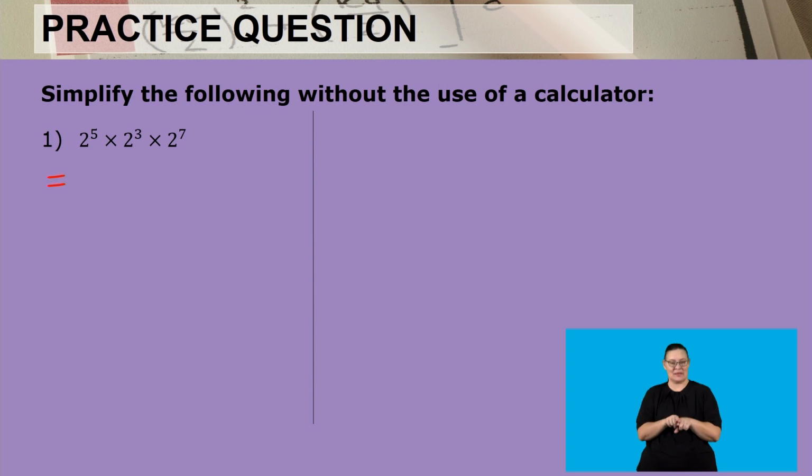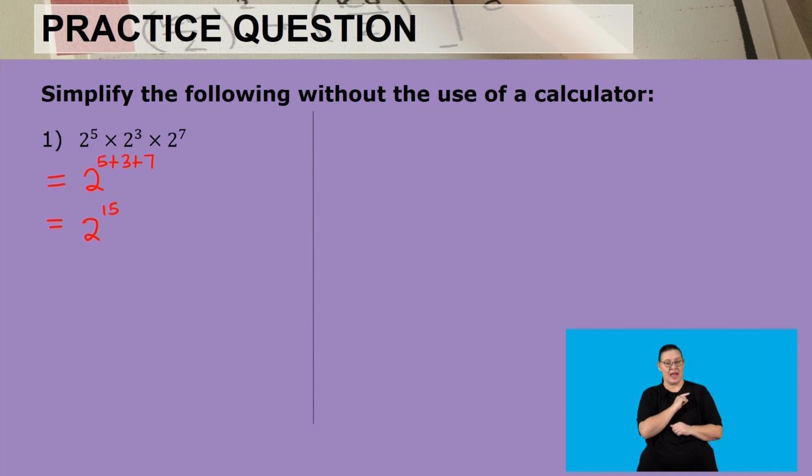We have 2 exponent 5 multiplied by 2 exponent 3 multiplied by 2 exponent 7. They all have a base of 2, so we are going to add those exponents. Base 2, then 5 plus 3 plus 7. What is 5 plus 3? That is 8, and then 8 plus 7 gives us 15.